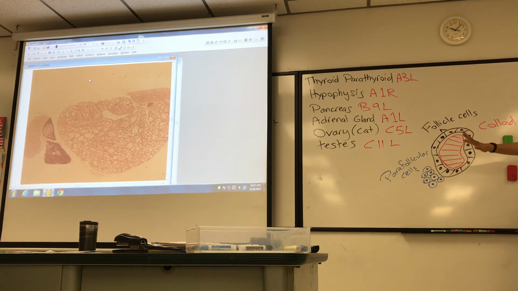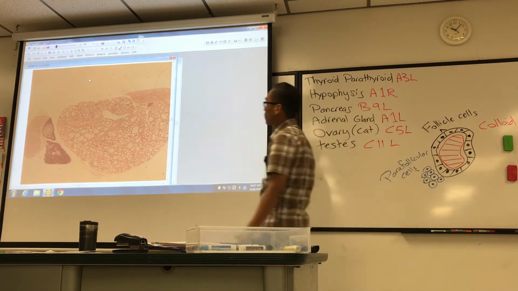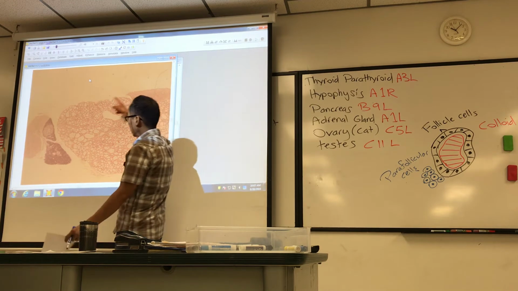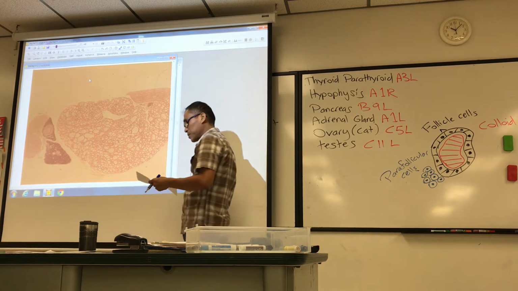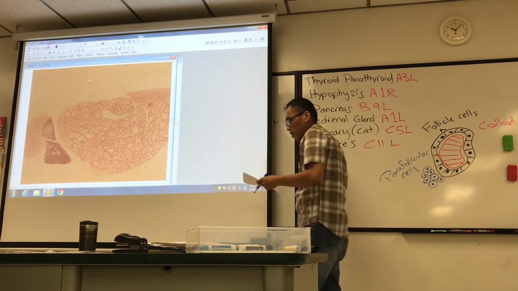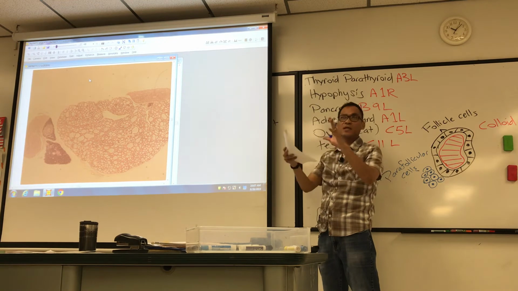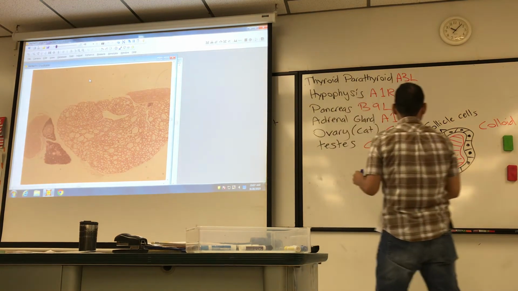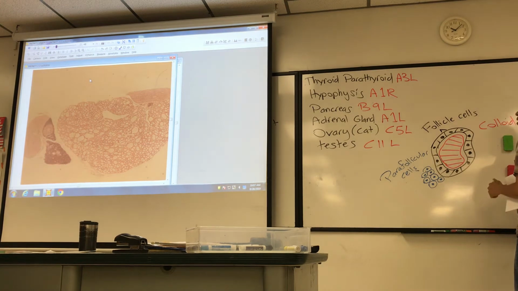Now, before I leave this picture, I said the parathyroid, the dark pieces, and the names of the cells for the parathyroid gland, well, the chief cell is what they call it. It's the cell you see the most. So for what I drew here, this is all thyroid.